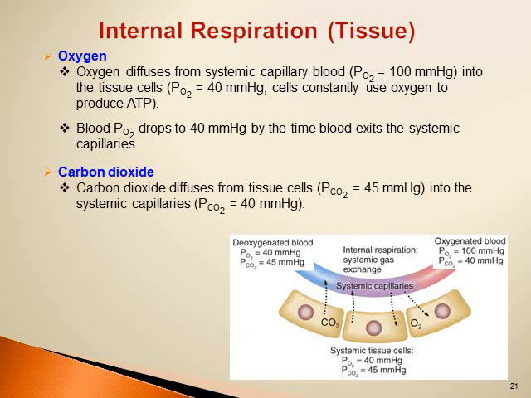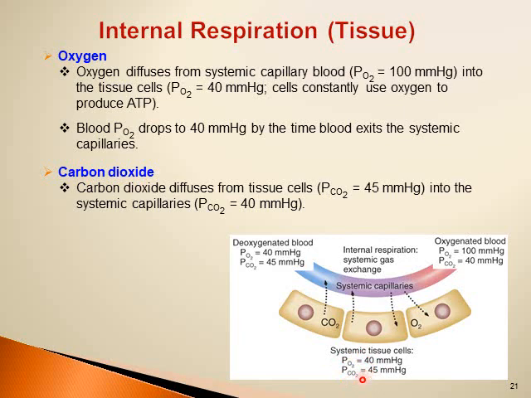it diffuses from tissue cells, where its partial pressure is 45 millimeter mercury, into the systemic capillaries, where its partial pressure is 40. So the partial pressure of carbon dioxide in the blood is 40, while in the cells it is 45.